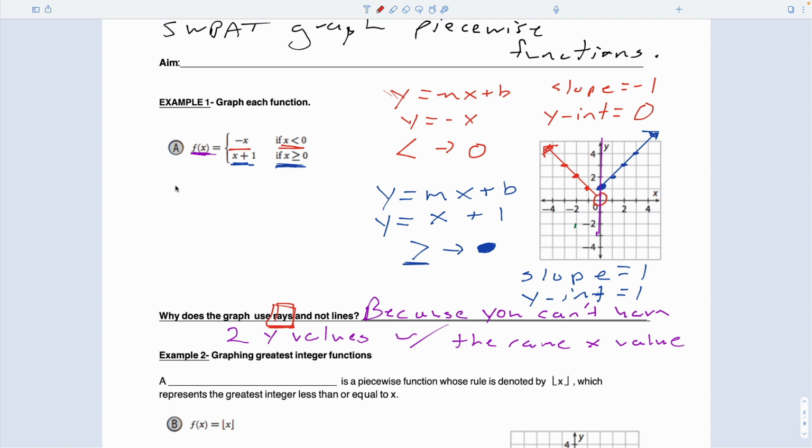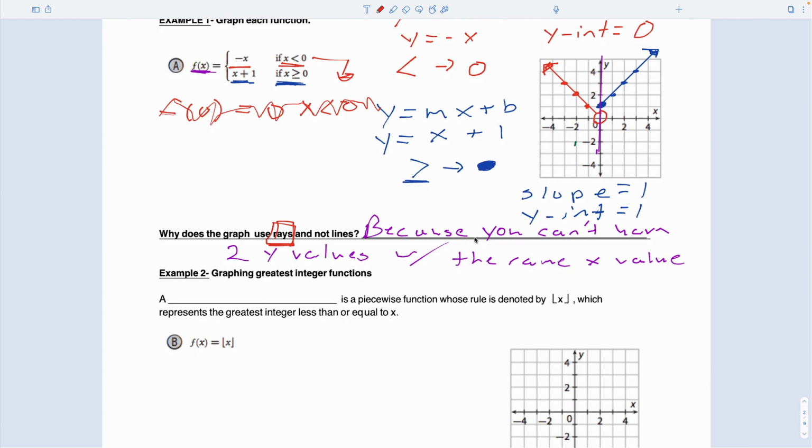Let's plug it in. So negative 0 would become 0. Is 0 matching your rule for that function? Is 0 less than 0? It doesn't work. So you can't have this filled in. It doesn't work for the function. It cannot be 0. That's why it's an open circle. The moment it gets closed, it means you could have 0, 0 be a point in this function, and it doesn't work.